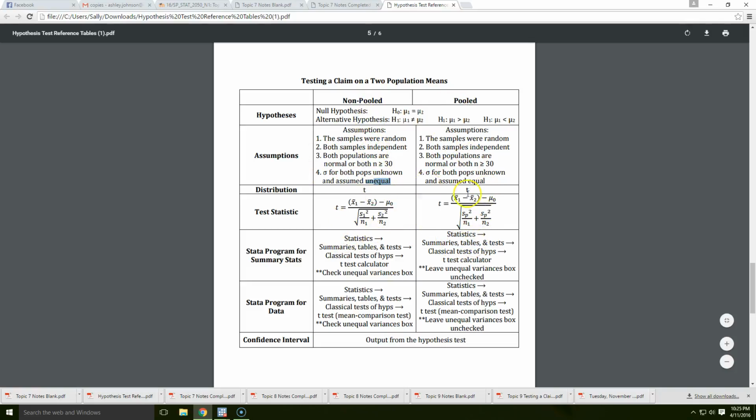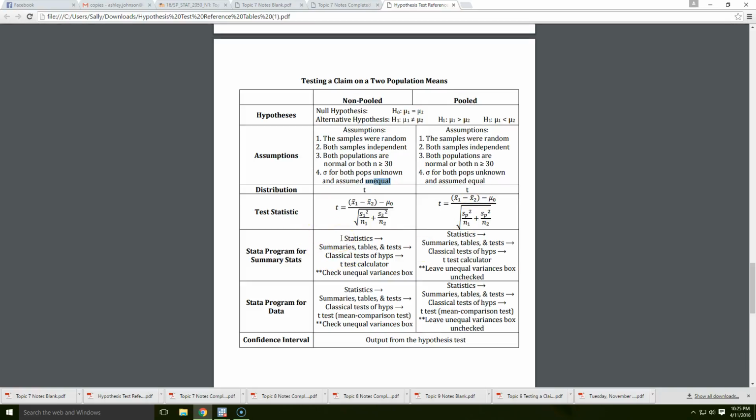After the assumptions, it's going to be very similar in STATA, except that we're just going to select the correct test. We're still selecting the t-test calculator, but now we're going to check the box for the 2 sample test. Checking the box is the new thing here. Technically we may be doing 2 hypothesis tests in our assumptions now, but again, it's an informal hypothesis test.